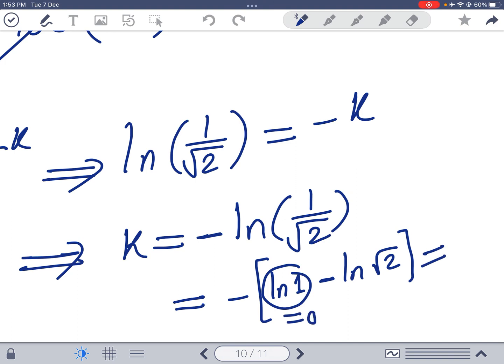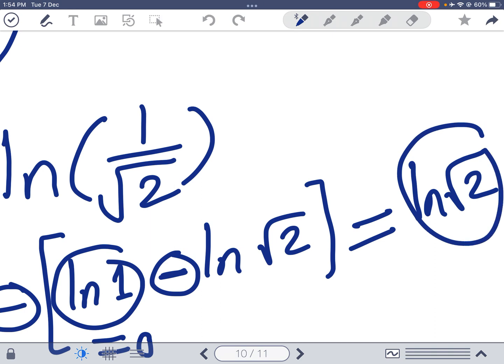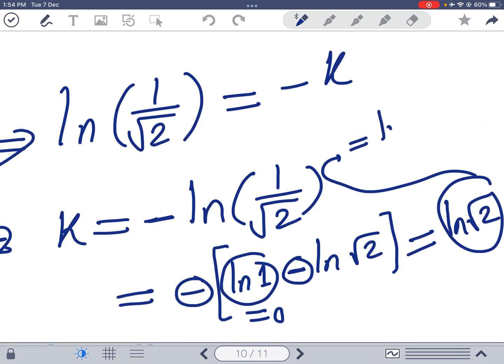So you have the minus and the minus, which makes a plus. This becomes ln radical 2, and ln of radical 2 is equal to ln of 2 to the half, which is half ln 2.